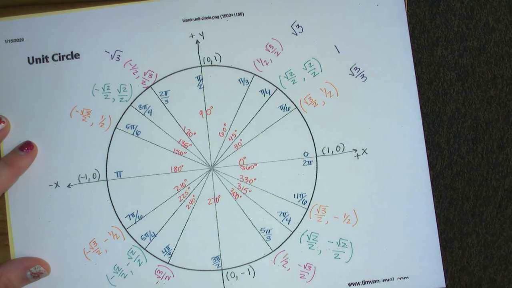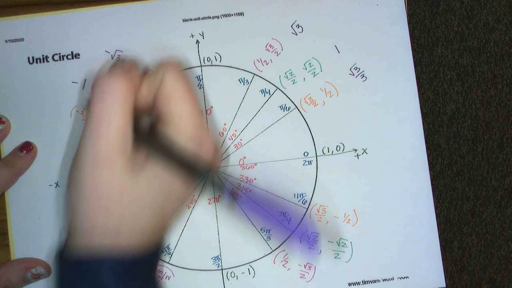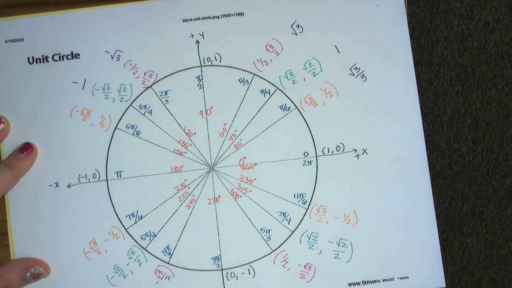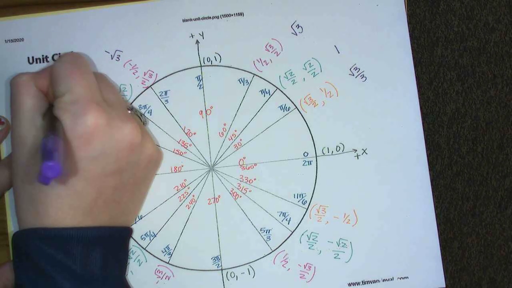Okay, this next one is negative 1. This one is negative root 3 over 3.